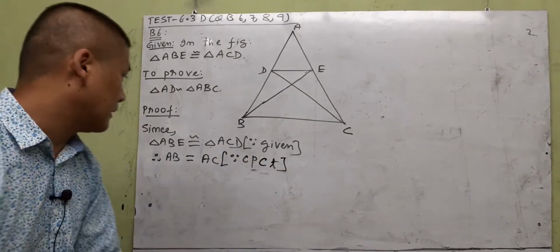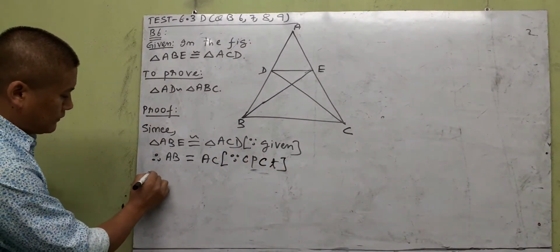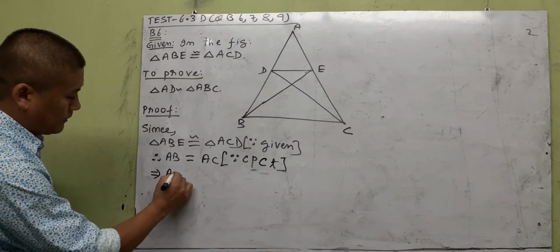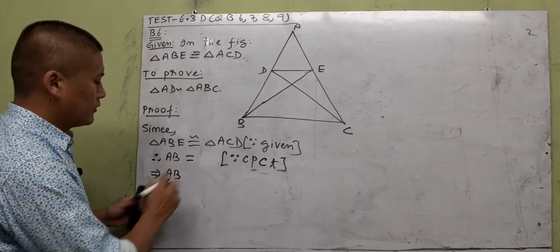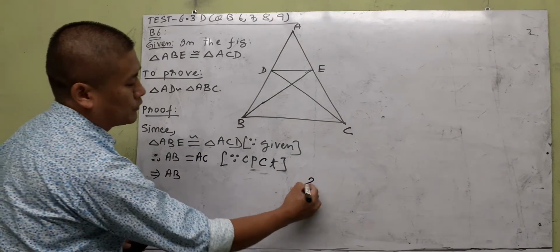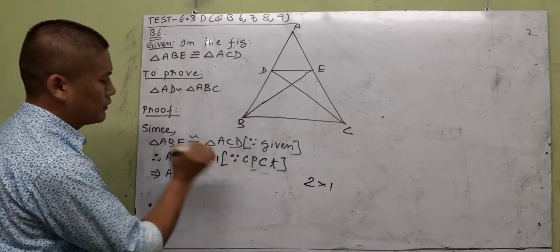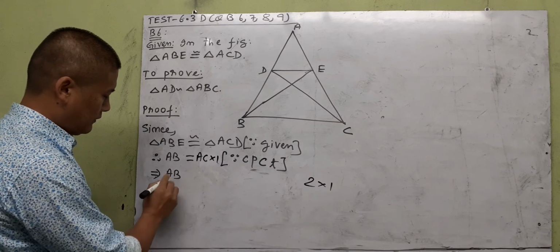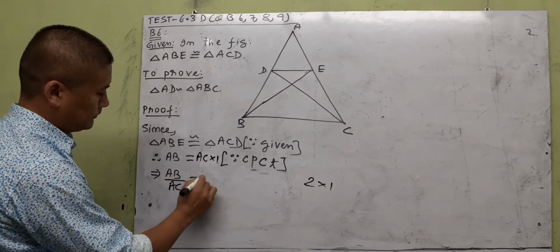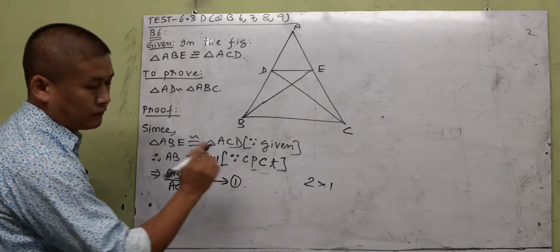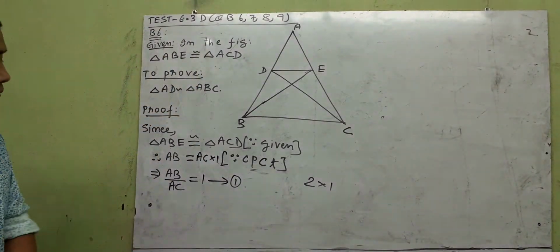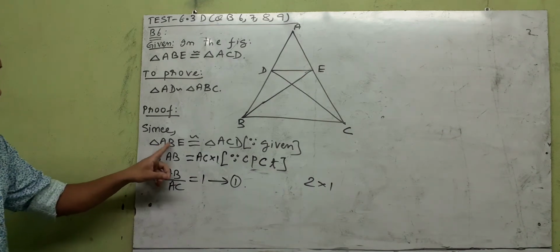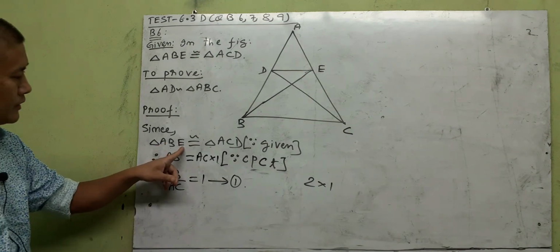So CPCT gives us here AB, and we know that any number can be multiplied by 1. So if you want, you can put your 1 and shift this, then it will come down. Let us put this one as equation 1, without thinking too much. Now next, let's take the first and the third letter, because that constitutes the side AE of this triangle.